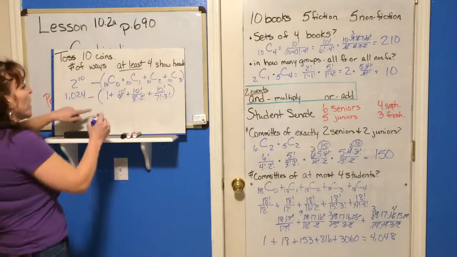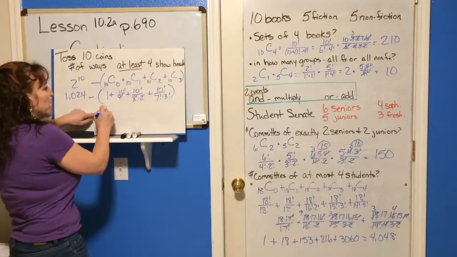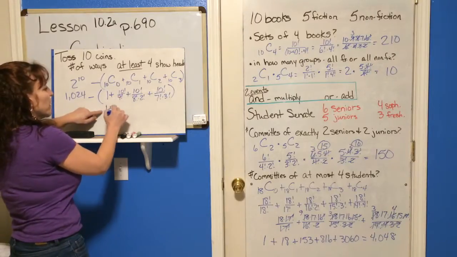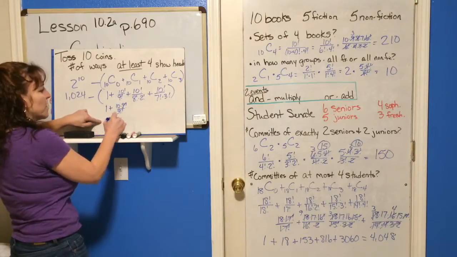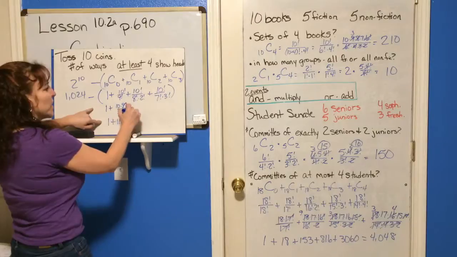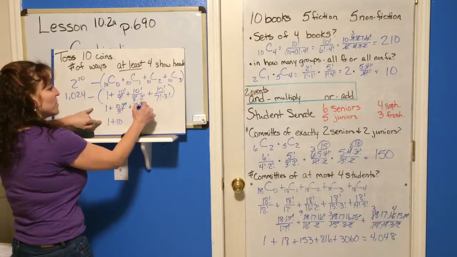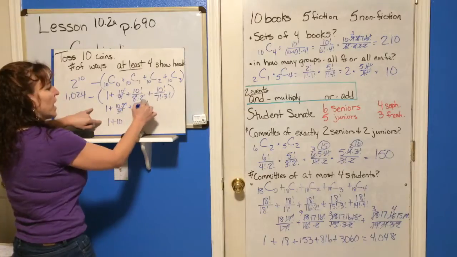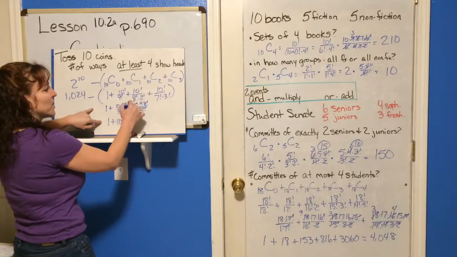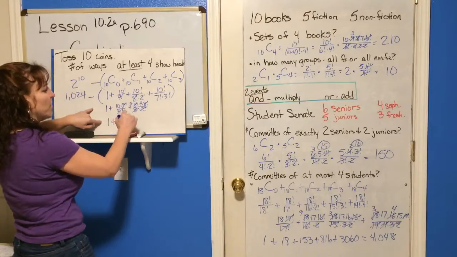All right? And so we're going to take 1 plus 10, because 10 times 9 factorial over 9 factorial is just 10. And then plus 10 times 9 times 8 factorial over 8 factorial times 2 factorial. The 8 factorials cancel out, the 2 we'll make the 10 down to 5, and 5 times 9 is 45.